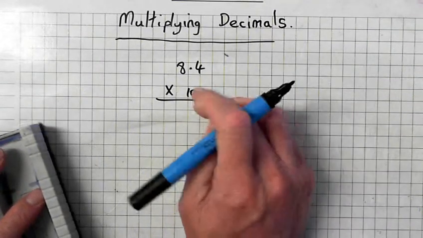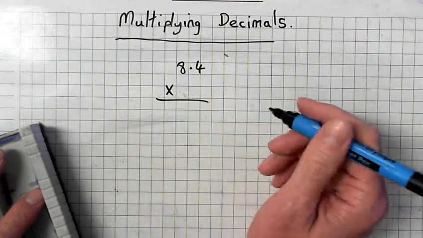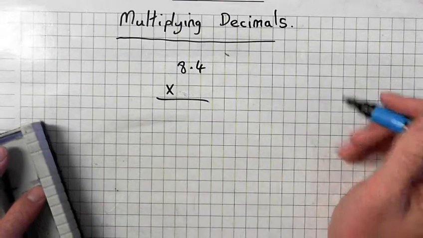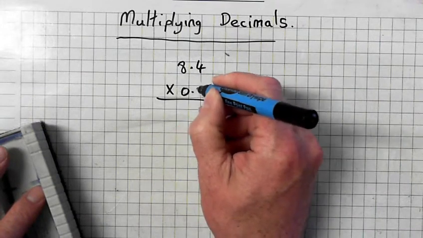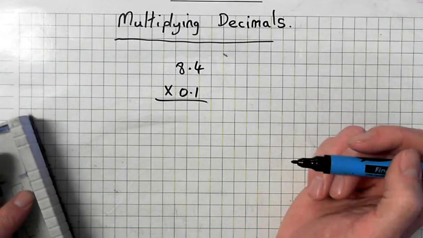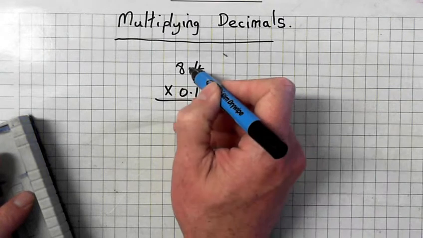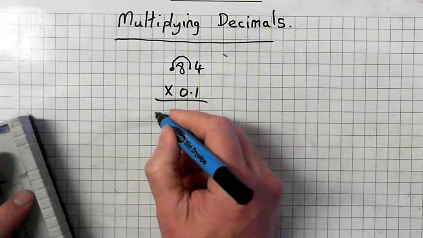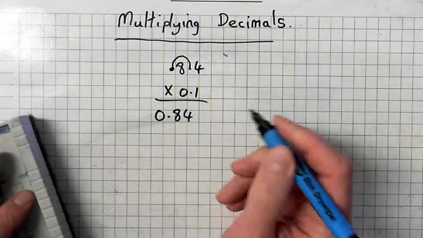Going lower than 1. Well, you did 10, 100. What's 10 smaller than 1? It's 0.1. Which way do you think the decimal point moves now? Left, making the number smaller. So 0.84. Very good.